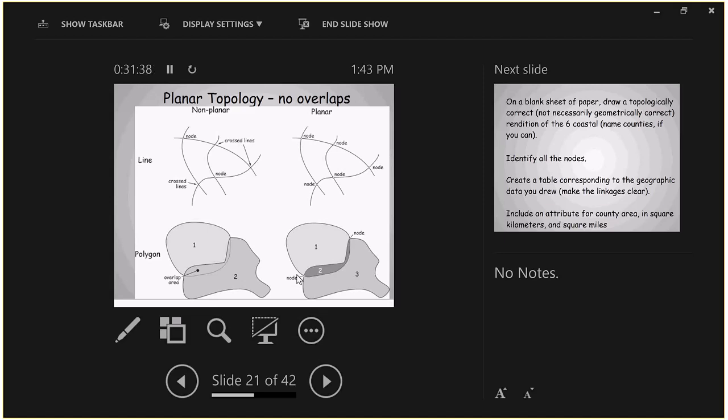Like if you draw this polygon, the number one polygon, and then you draw the number 2 polygon, the GIS system will say, oh, there's an overlap there. Did you want that overlap to happen? Let's show you the overlaps. Okay.